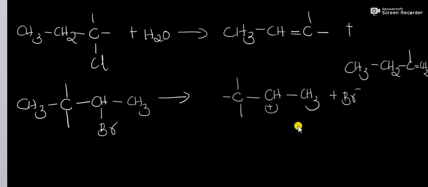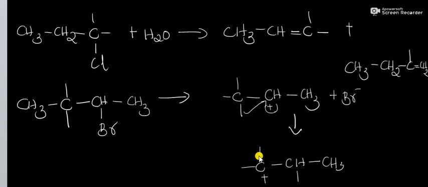First it will convert into a carbocation, that is a secondary carbocation, and there is a chance for rearrangement by the conversion of secondary carbocation into tertiary carbocation, that is by the shift of a methyl group. By one methyl shift it can convert into a tertiary carbocation. It is a tertiary carbocation and it is more stable than secondary carbocation.